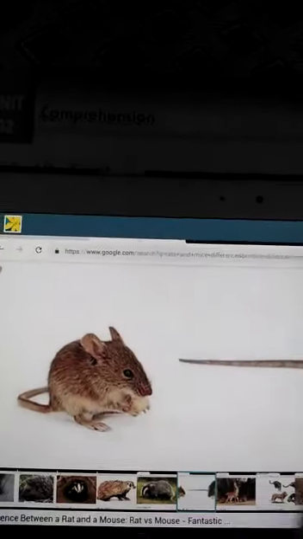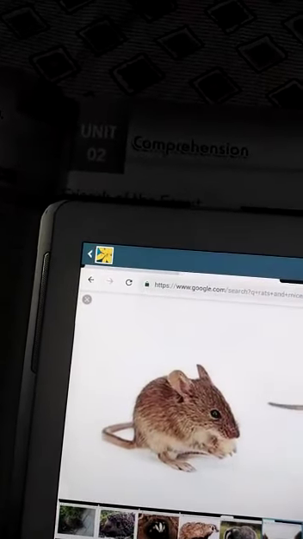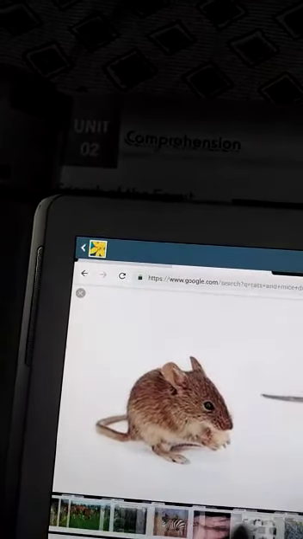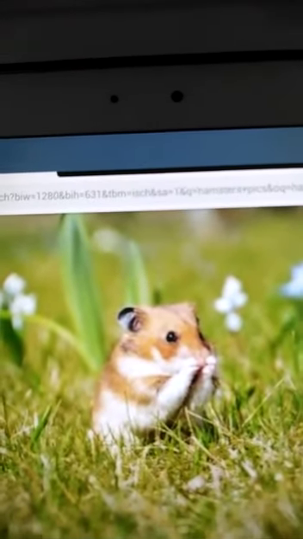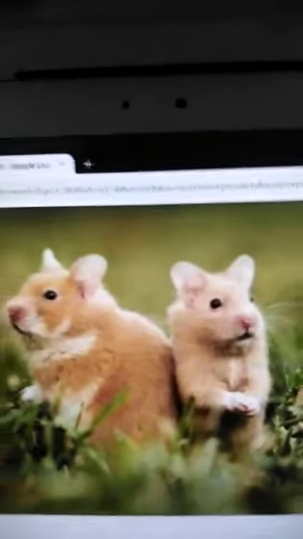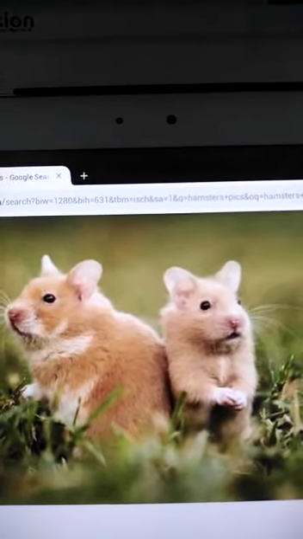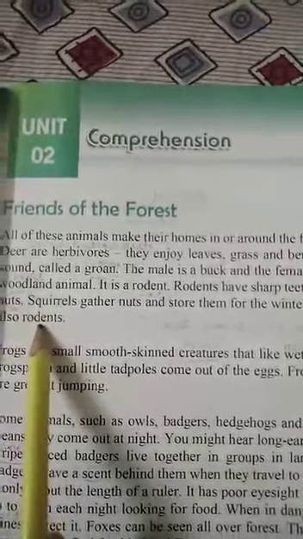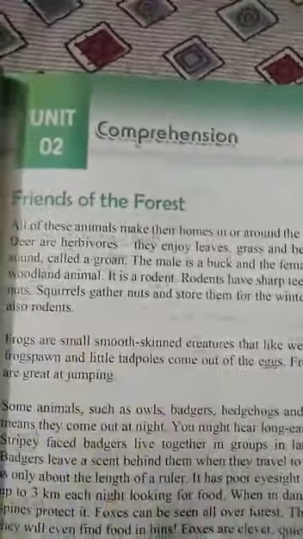And they also tell us about hamsters. Now let me show you a hamster. They are hamsters. A very cute and small creature you can see in the picture. Wow, so cute. This is called a hamster. So they all are rodents. They all are mammals and they have sharp front teeth.